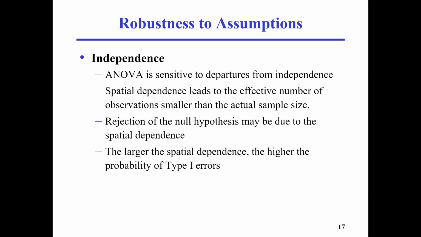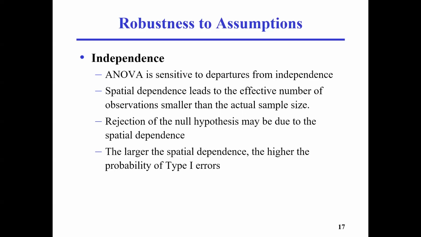If you know that some of those observations are affected by others, they're not independent from other observations, you should delete them to make sure that all observations included in the ANOVA test are independent. Due to spatial dependence or any dependence, rejection of the null hypothesis may be due to this dependence.